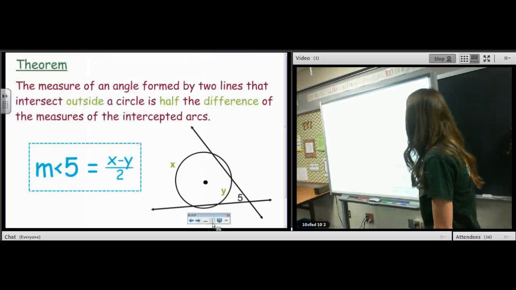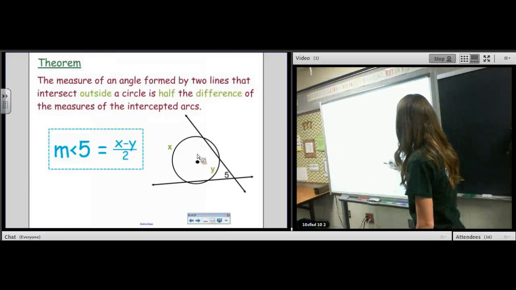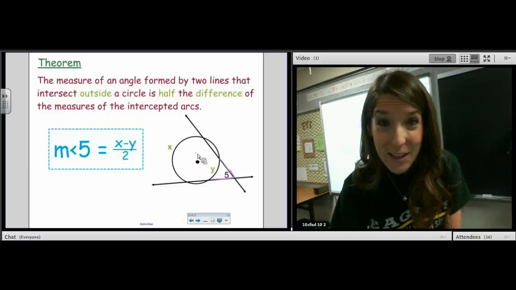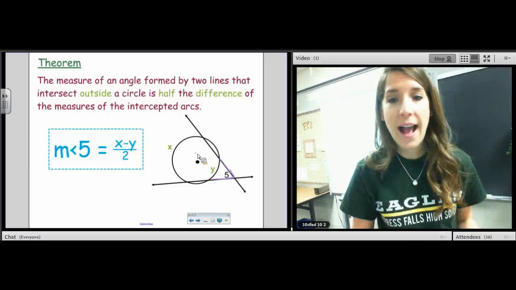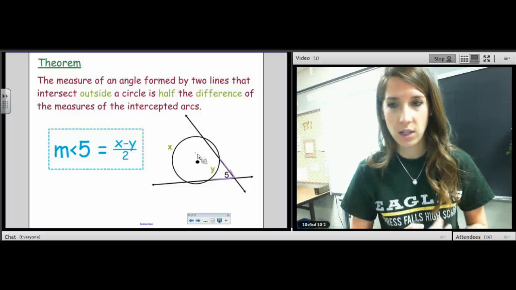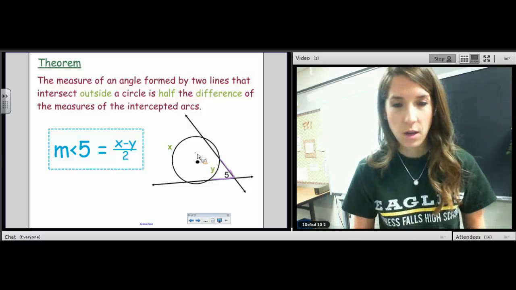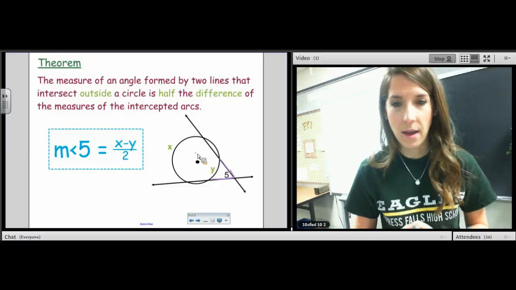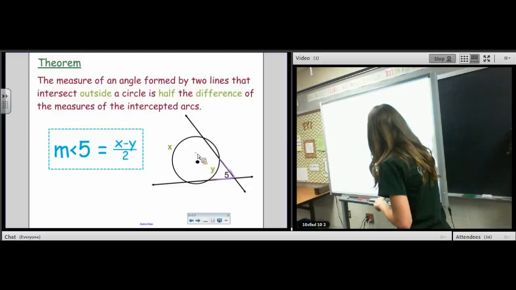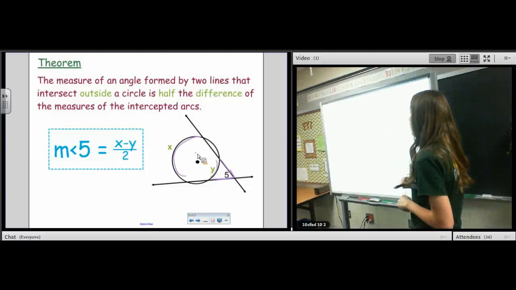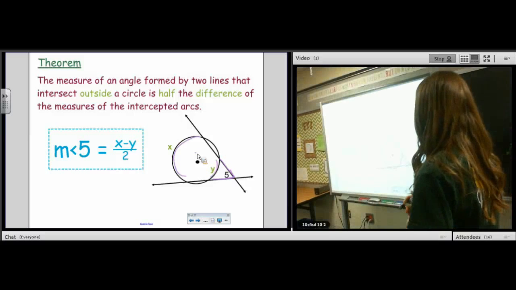All right, what do we do when the angle is not inside, when the vertex is outside the circle? The good news is you just do the opposite. You subtract the arcs and divide by 2. So you're always going to do the larger arc minus the smaller arc divided by 2.